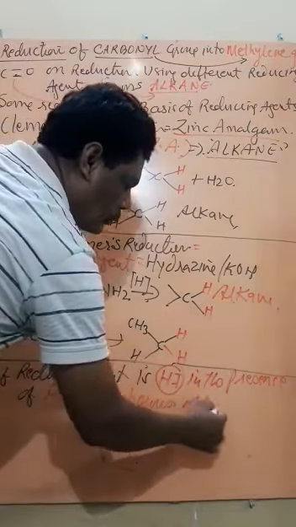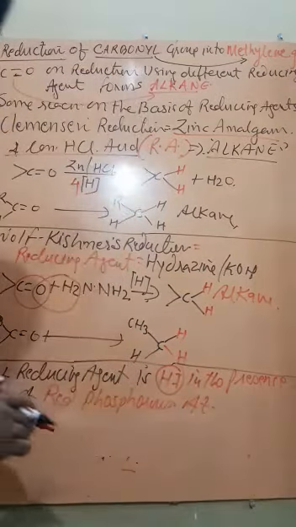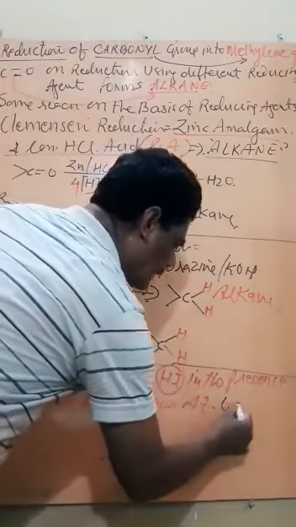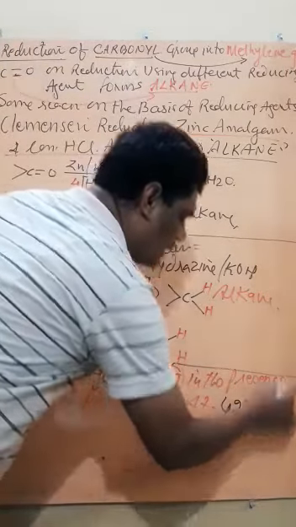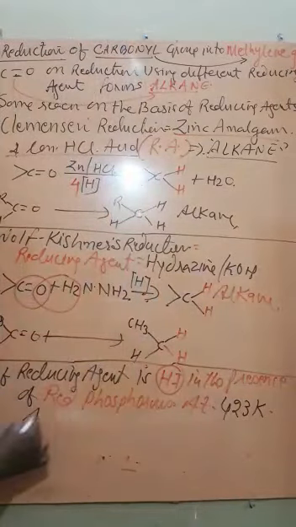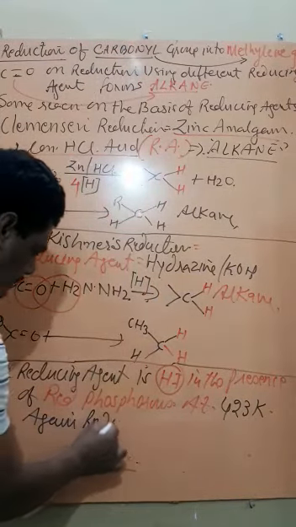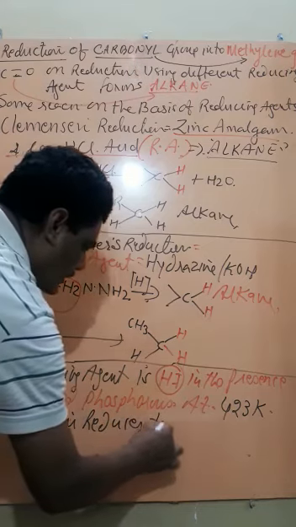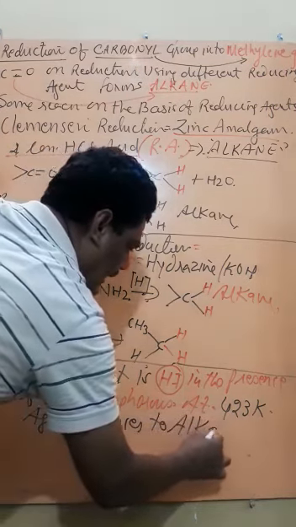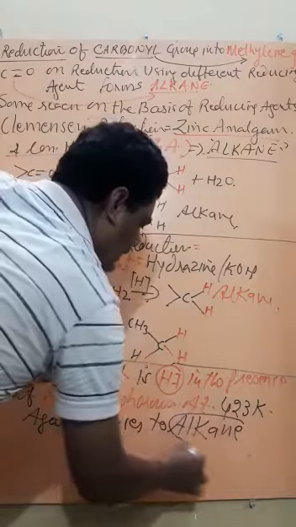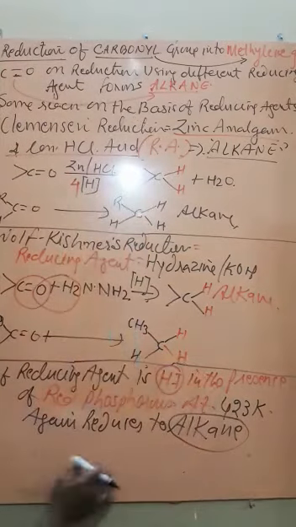Okay, and particularly the temperature plays a very important role. This is 423 Kelvin temperature. Again it reduces to corresponding alkanes. Corresponding alkanes means it depends on the compound.